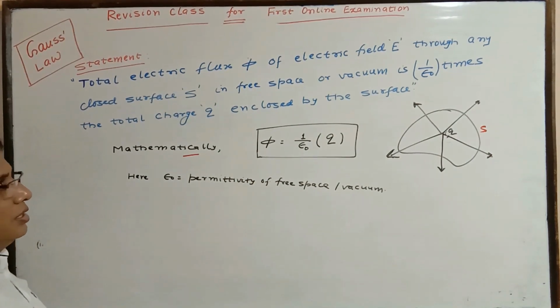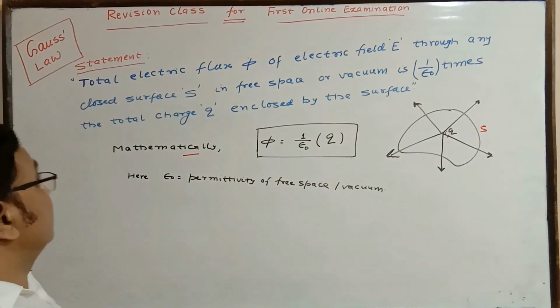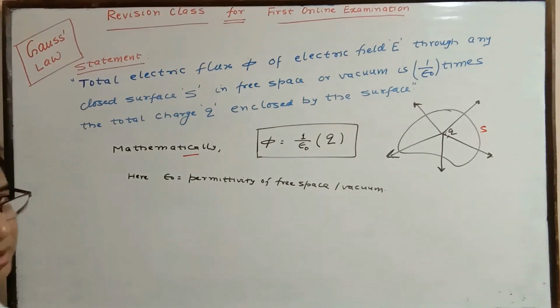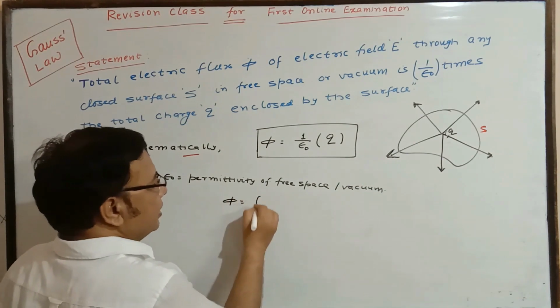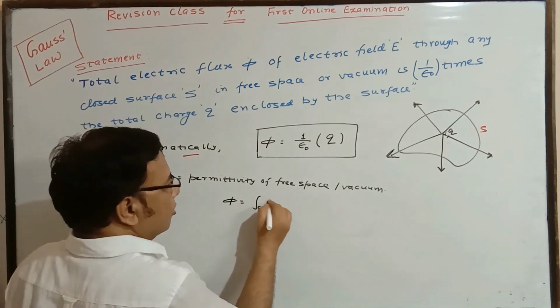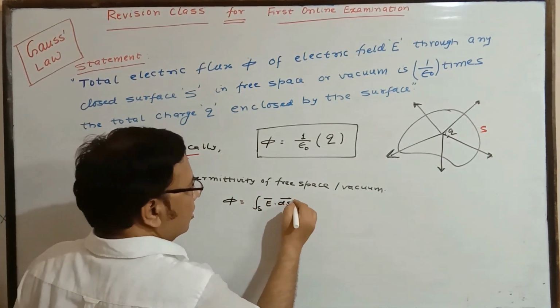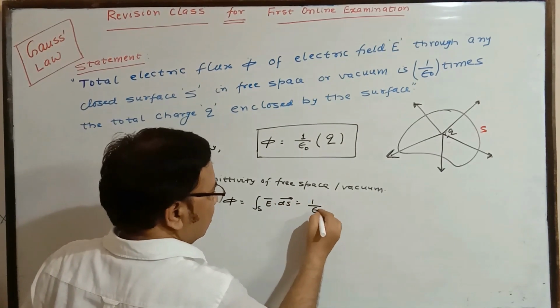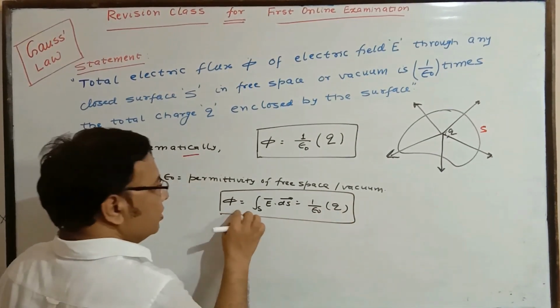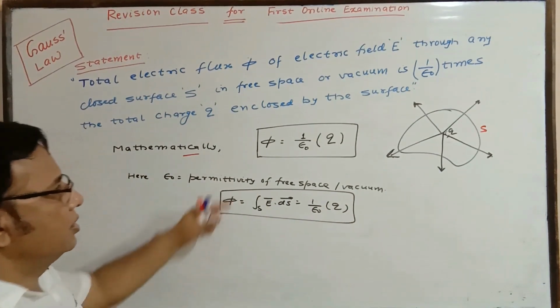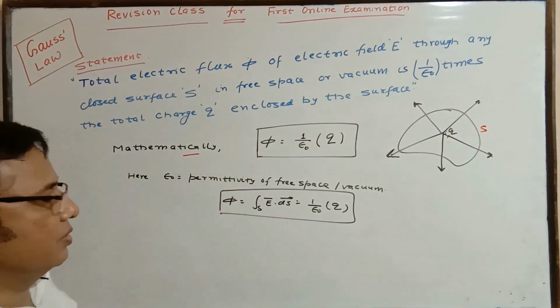Let us see some important points related to Gauss's law. You know the flux in terms of the electric field can be written as the integral of E dot ds. After merging these two, we get this expression.